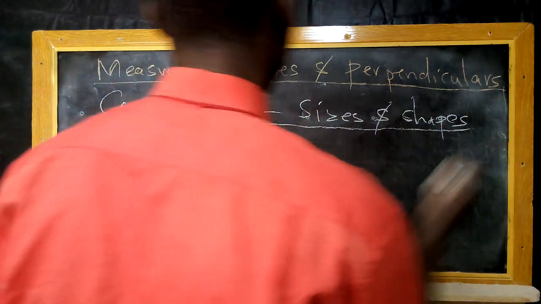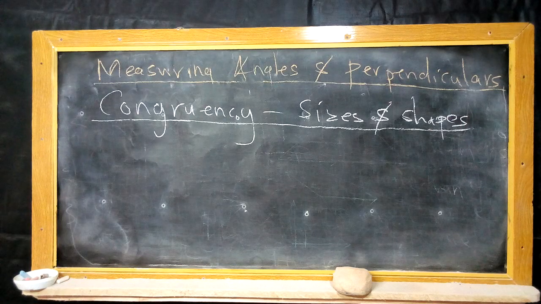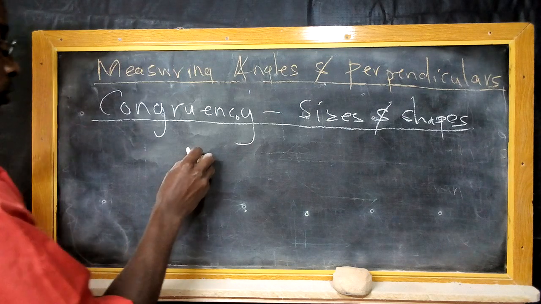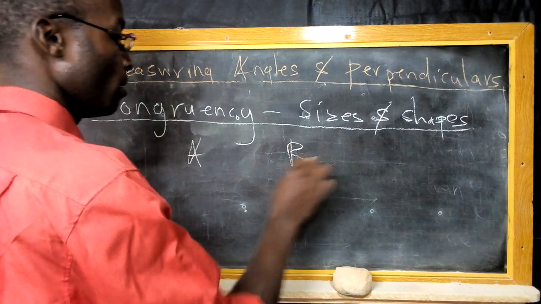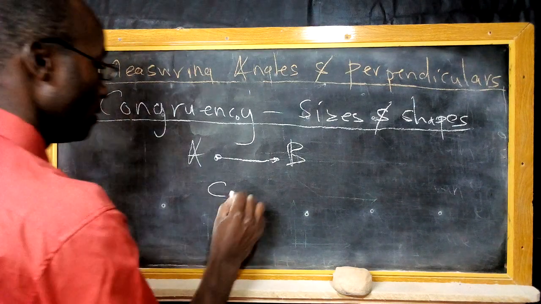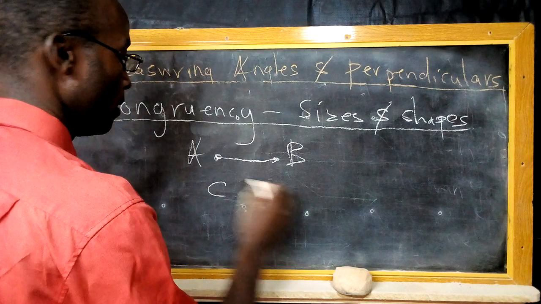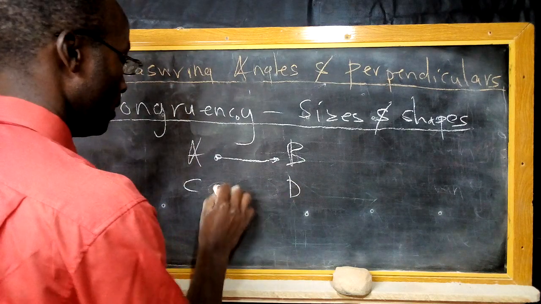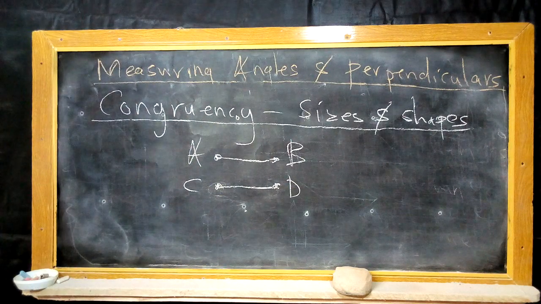So now that we have defined points, line segments, lines, rays, angles, and planes in summary, we're going to look at another concept that's known as congruency. Now, if we have maybe two line segments, that is AB, from this point to this, and then we have another line CD running from that point to that one.